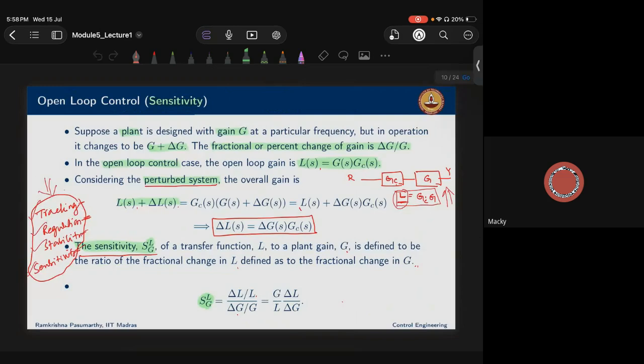Fourth one is sensitivity. The sensitivity is basically defined as follows.